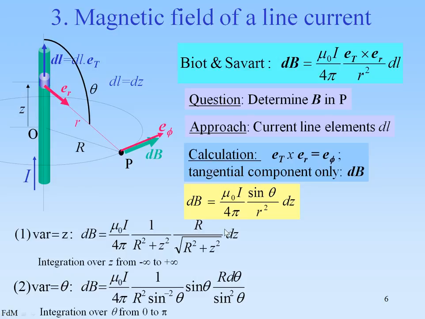And when you integrate theta from 0 to pi, you end up with the result that the magnetic induction B is tangential, perpendicular to the current, proportional to the current and inversely proportional to the distance.